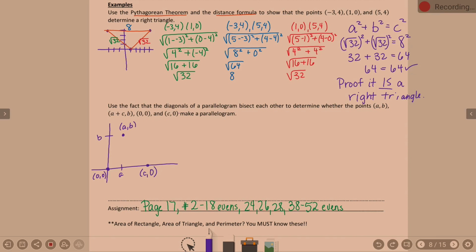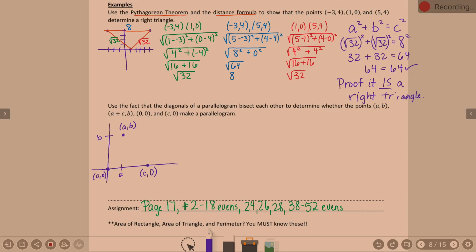So now, the other point I haven't graphed yet is (a plus c, b). It's going to go right so many, and up b, so it's on the same level. Here's the distance of c. Going a farther means I have to go that distance a past c, and then up to b.